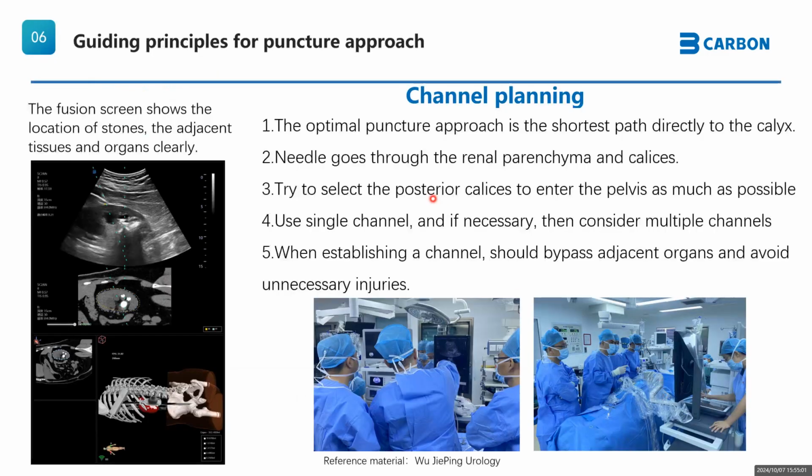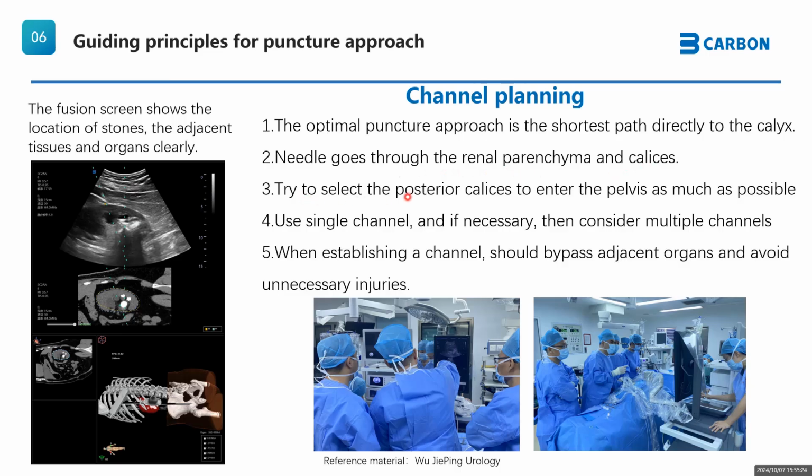Finally, I want to share with you guys the channel planning. For the PCNL, the optimal puncture approach is the shortest path directly to the calyx. Okay, the second one is the needle goes through the renal parenchyma and the calyces.